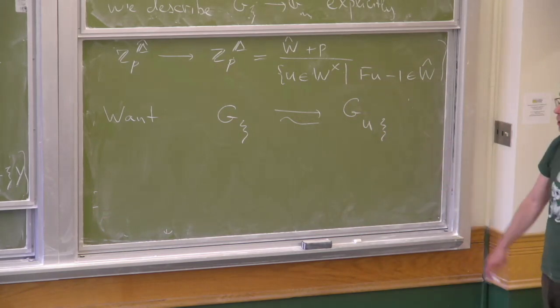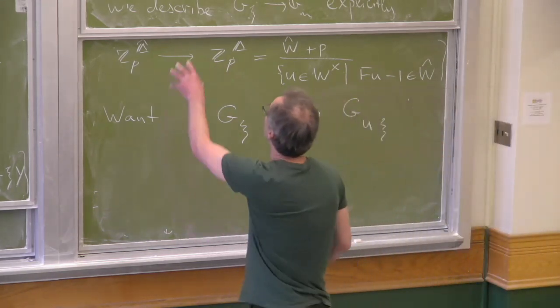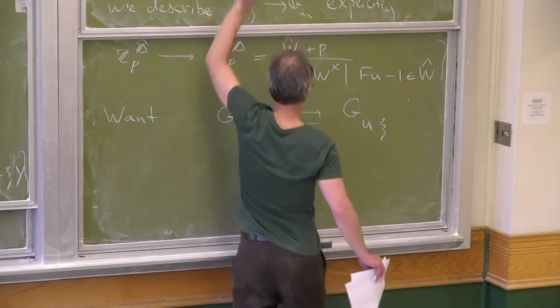Moreover, we want this canonical isomorphism to be compatible with the forgetful map.